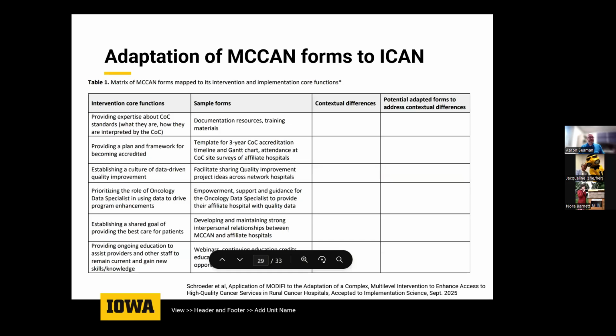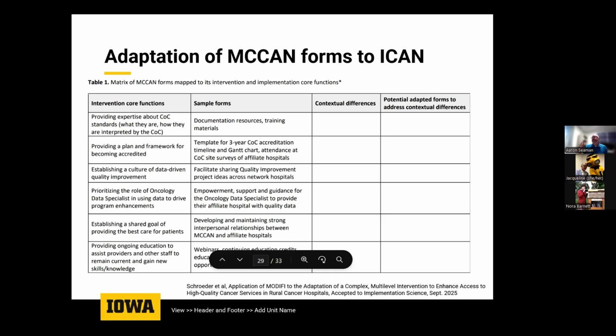So what did we do? We took the ICANN forms, or the McCann forms, which are here on the left. You see the core functions, in terms of providing expertise about COC standards, providing a plan and framework, helping to establish that culture of data-driven quality improvement, those sorts of things.